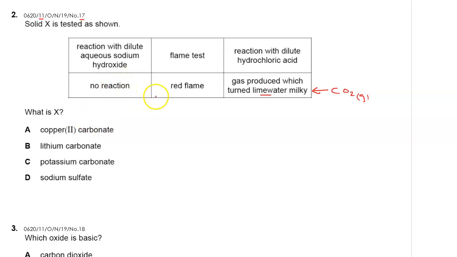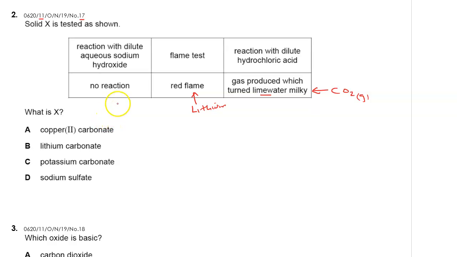And our flame test, which gives us a red flame, we know that the metal is lithium. Lithium gives a red flame test. We are noticing that with dilute aqueous sodium hydroxide there is no reaction.